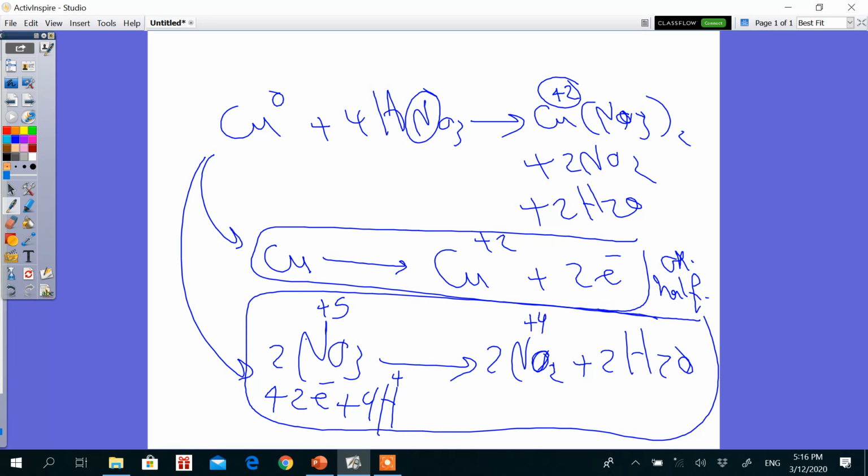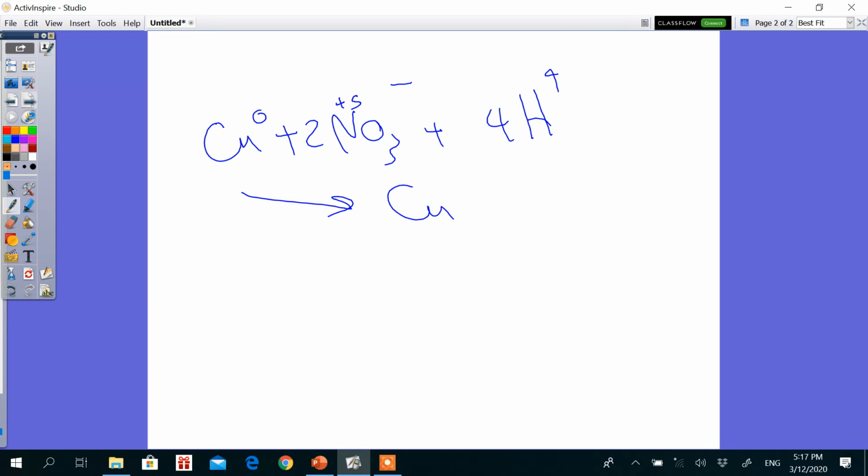If we add these two reactions to each other, we will see: copper 0 plus 2NO3 with nitrogen positive 5, so that's nitrate, plus 4H positive, it will produce copper positive 2 plus 2NO2 plus 2H2O.